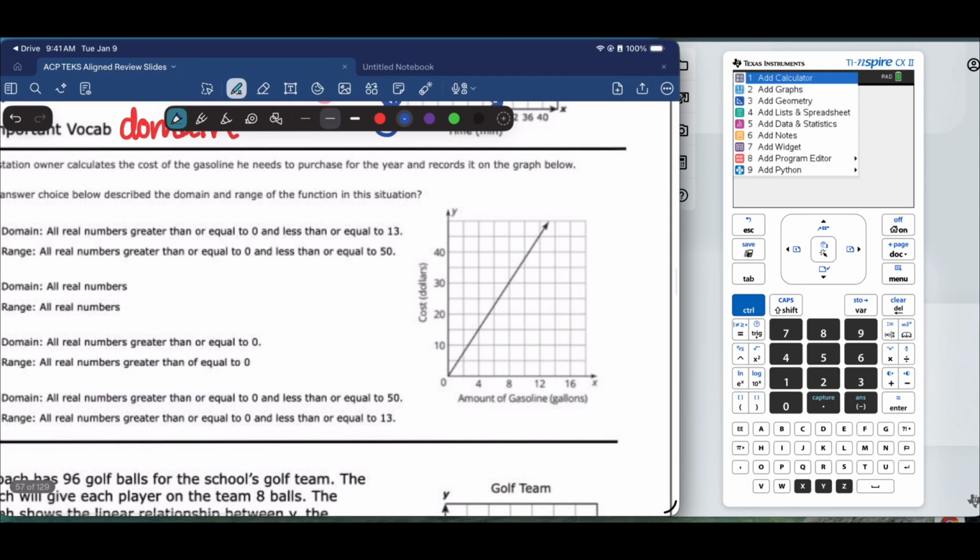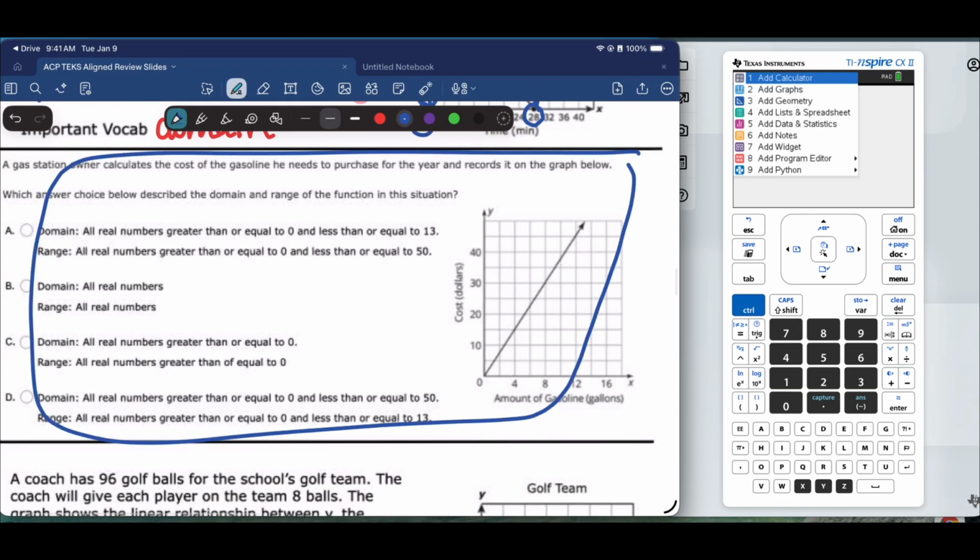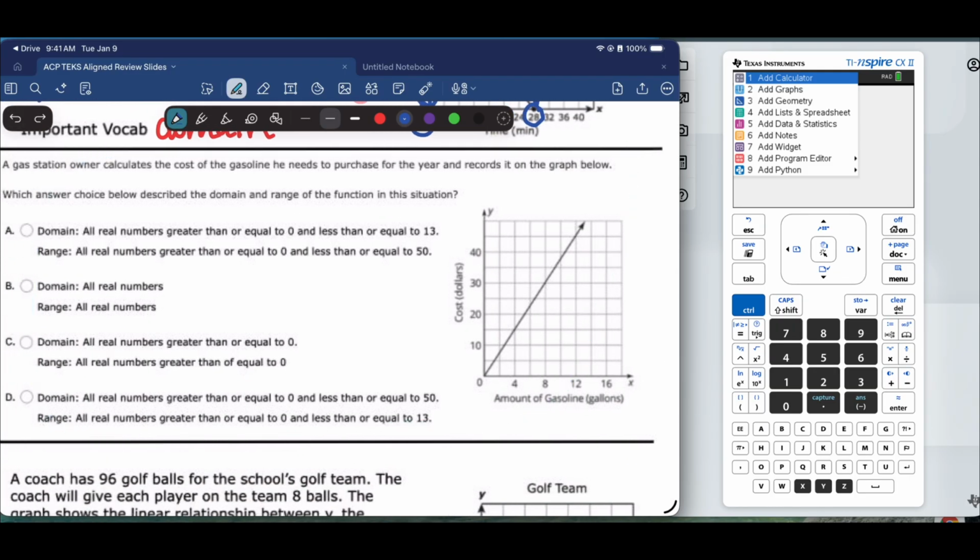Okay? This is the one that was on your quiz last class. This is the one we all got wrong, but that's okay. Again, let's look at this. It says domain, domain, domain, domain. So first, box, box, box, x, box, box, left to right. Now, if I'm looking at domain, I'm just going to delete these y numbers real quick.